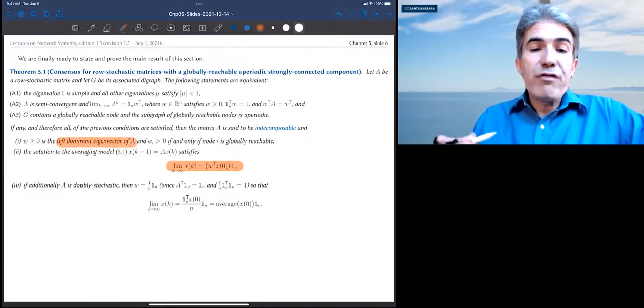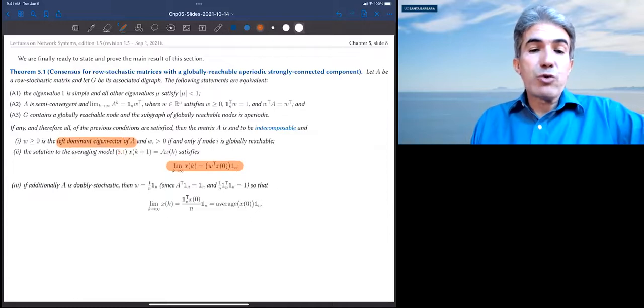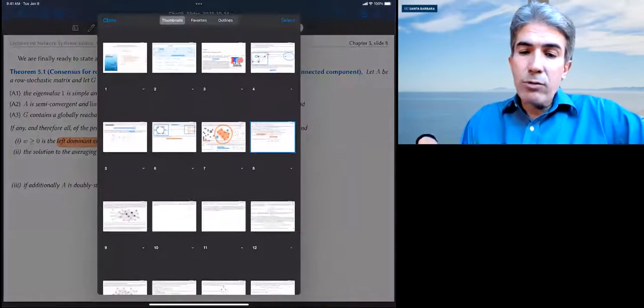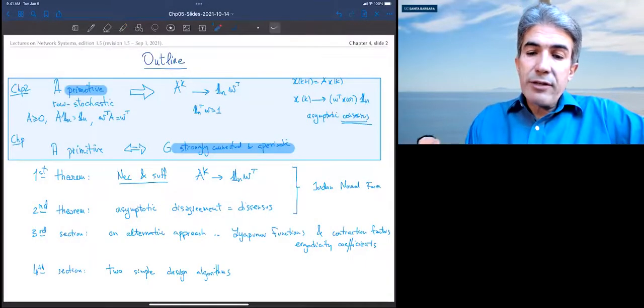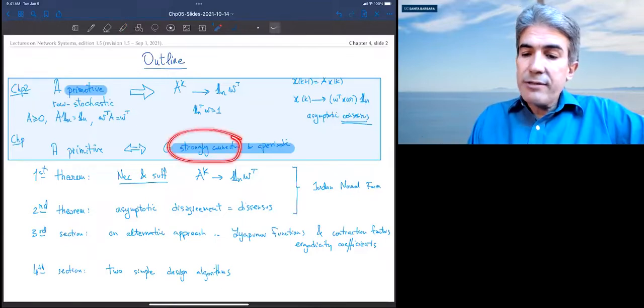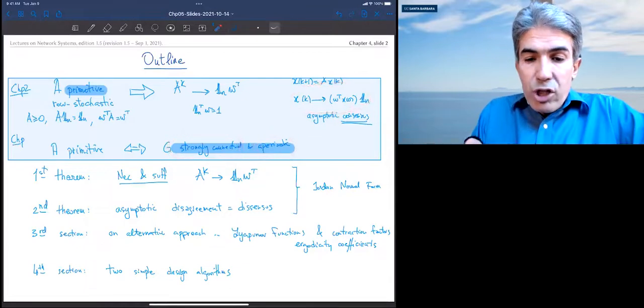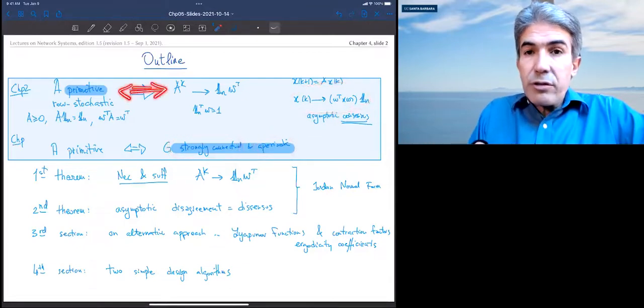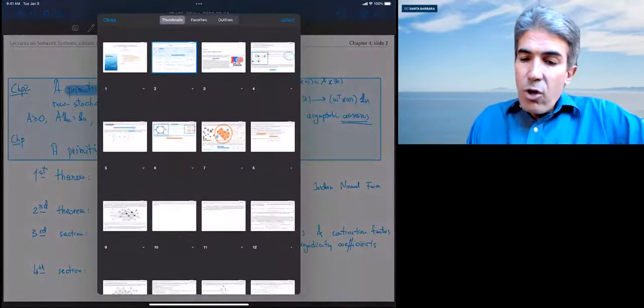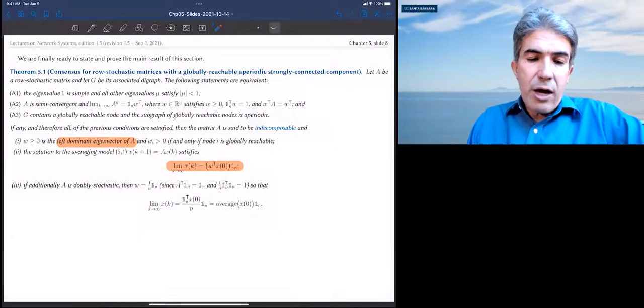But I want to give the weakest possible conditions. We already saw in the outline that if the graph is strongly connected and aperiodic, then I achieve consensus. But what we want to do is the if and only if here, to reach a stronger characterization. So what is the property that I need to ask for?